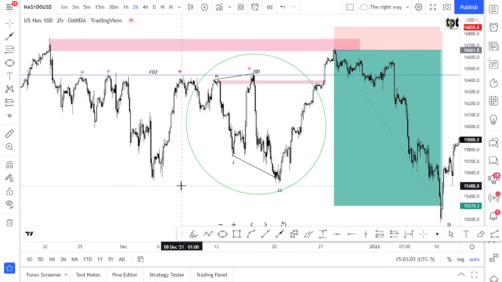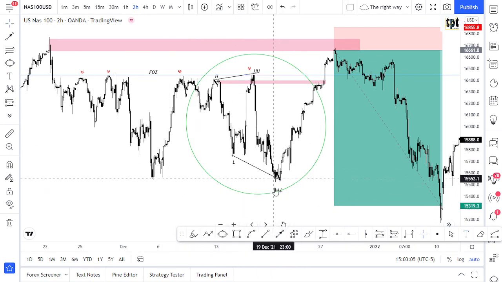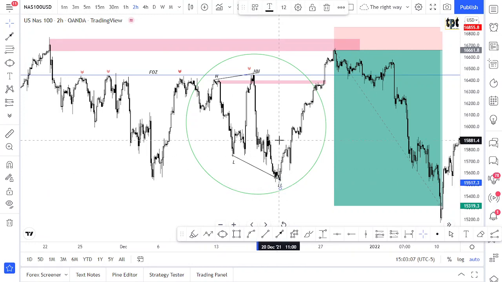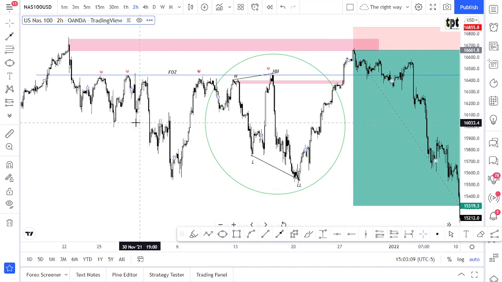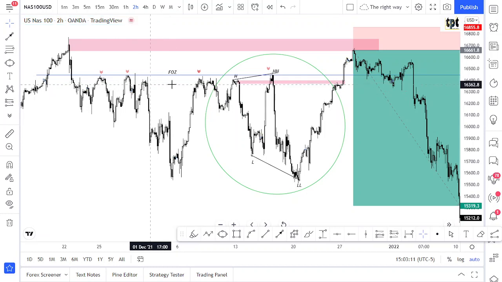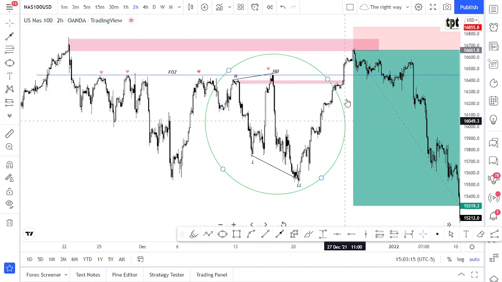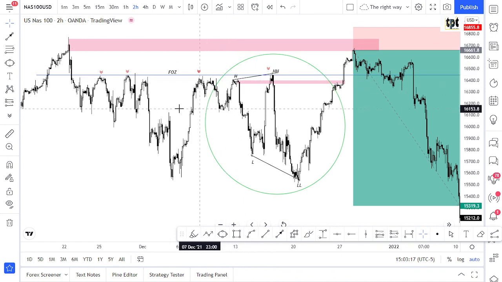So it actually began forming like a normal Quasimodo pattern, but it failed. Why? Because it's in a fake out zone, a zone of liquidity resistance level. So it is a diamond setup now. Whenever you see it forming in a zone of liquidity, it qualifies to be a diamond setup. So don't take the trade.